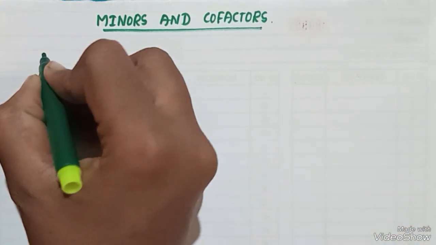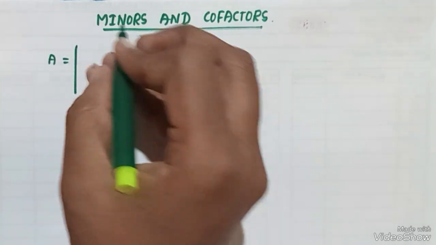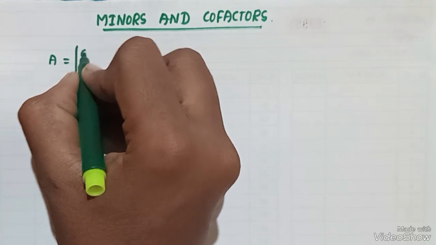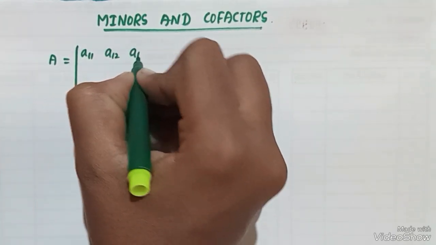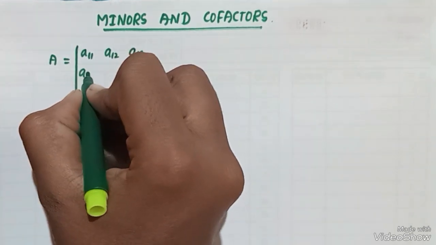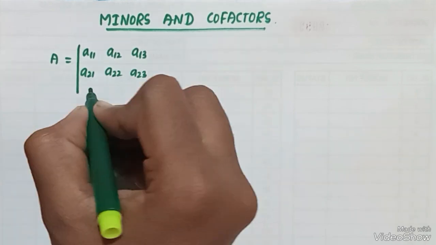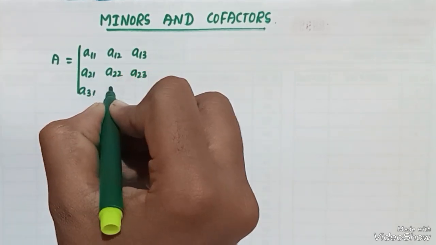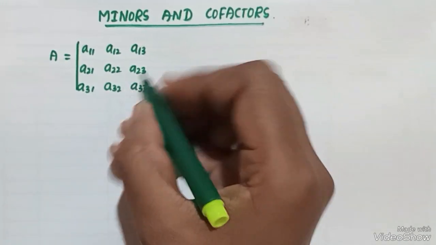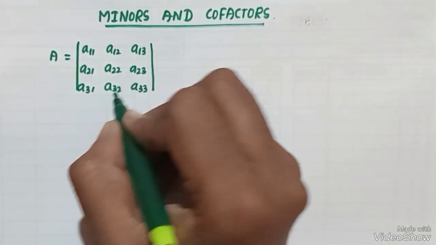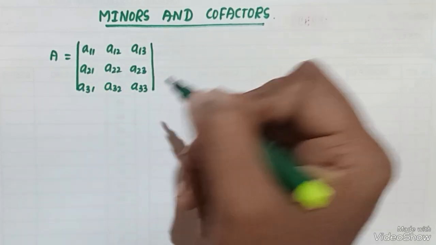Here I am considering the determinant A, containing the elements a11, a12, a13, a21, a22, a23, a31, a32, a33.